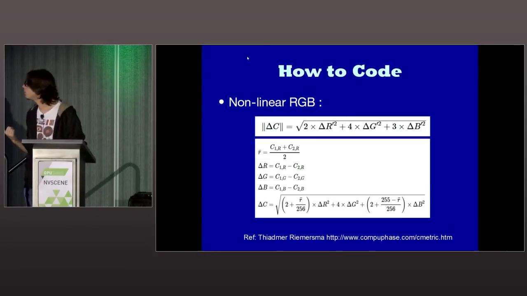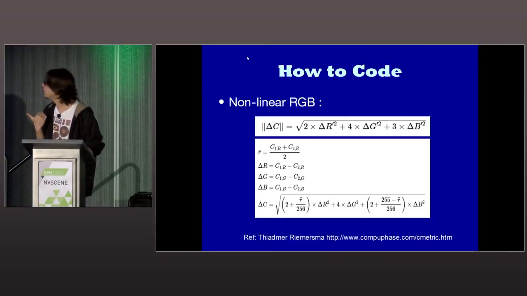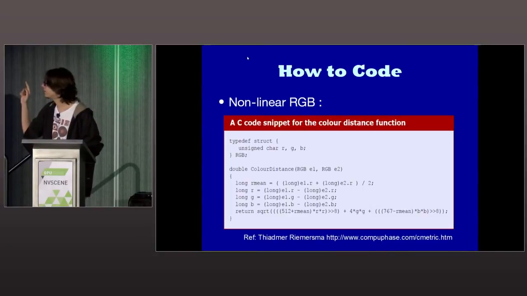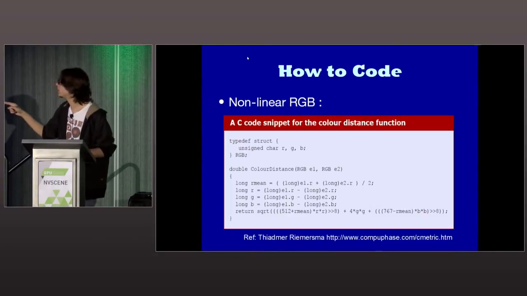So he came up with this, which is based on RGB, and it's nonlinear. There are some very specific cases kind of patched into it to be as close as possible to the human eye. He also proposes a code snippet to make it very fast.